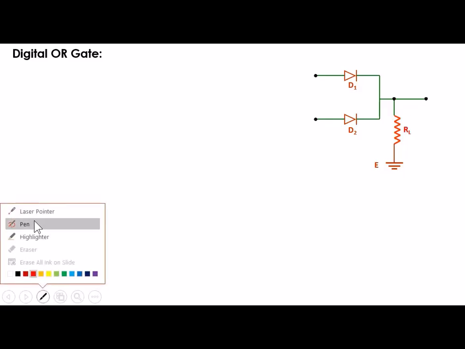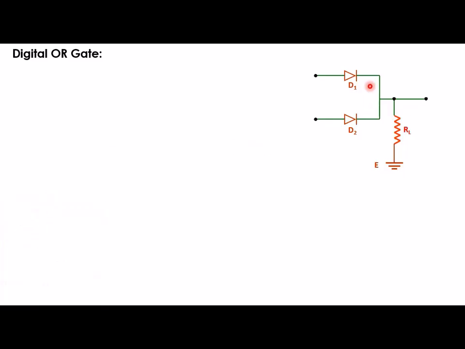For both diodes D1 and D2, their N side, or N type of material, is connected to ground through RL, and their P side is connected to two 5-volt batteries, and there is a provision that each of these inputs A and B can be connected to either plus 5 volt or 0, and the output is taken across the load resistance RL.